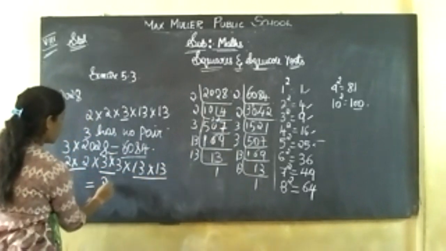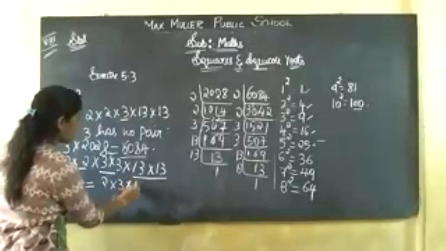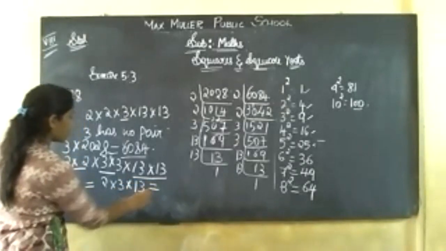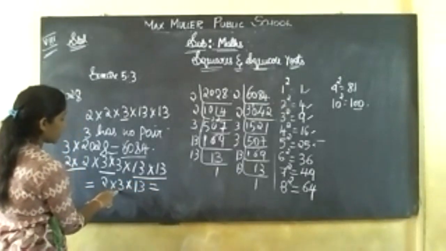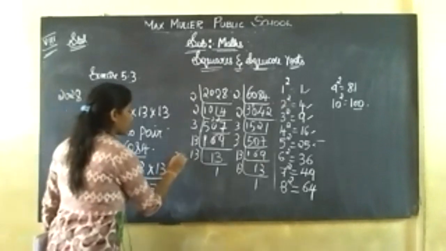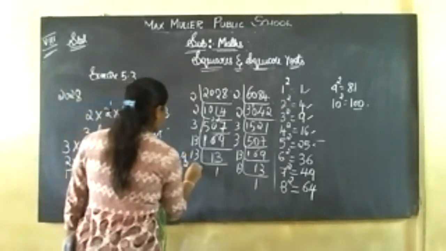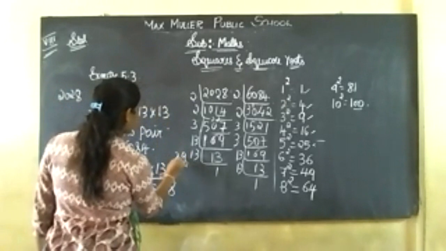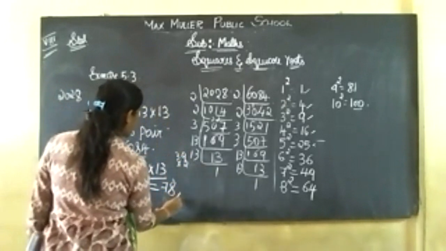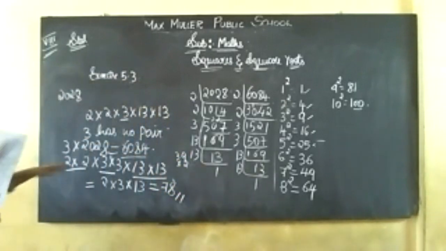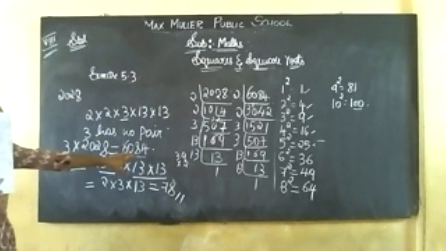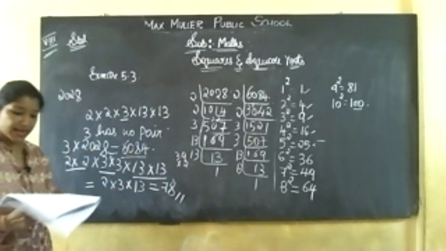Now 2 cross 3 cross 13, once you have to multiply. 13 3s are 39. 39 into 2: 18, 1 carry, 2 3s are 6, 7, 78. So the square root of 6084 is 78.